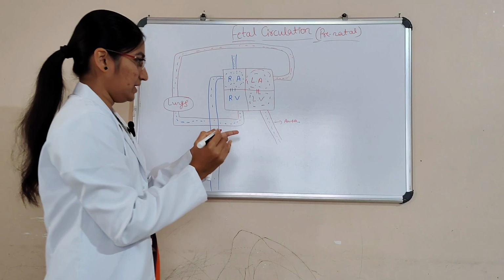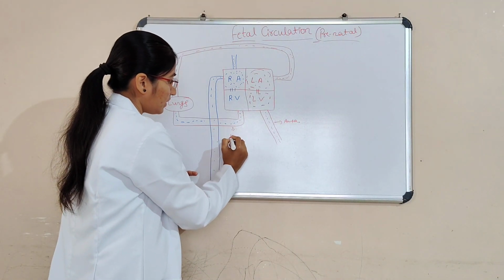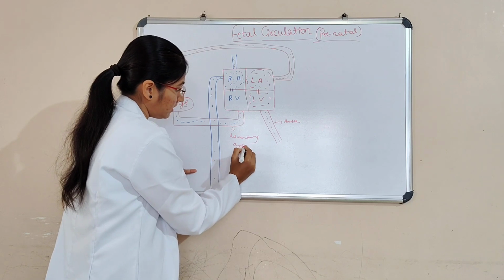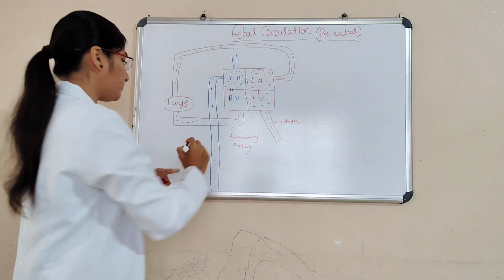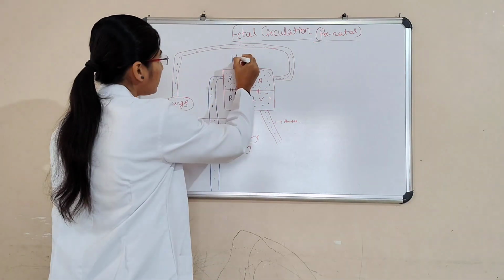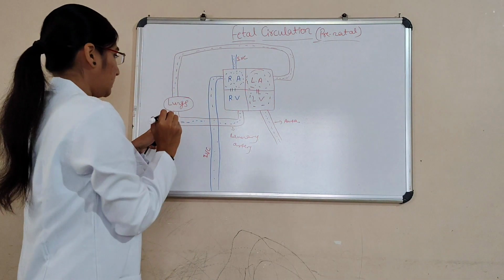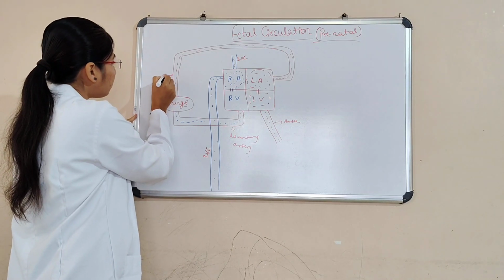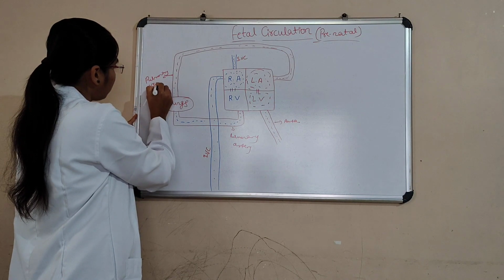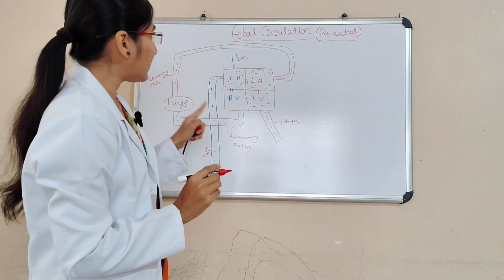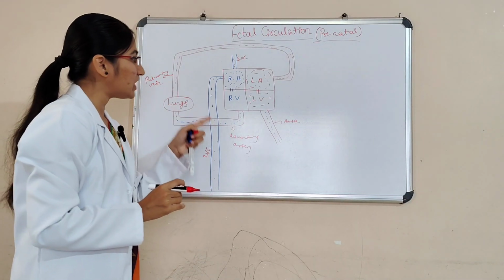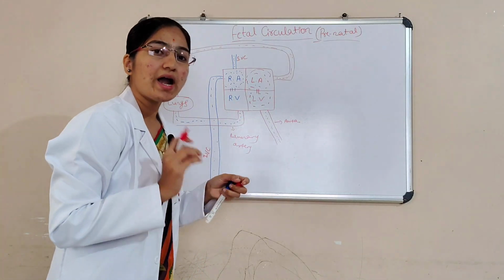This one is the aorta, this one is the pulmonary artery, this one is the inferior vena cava, this one is the superior vena cava, and this one is the pulmonary vein. This circulation takes place in adults.